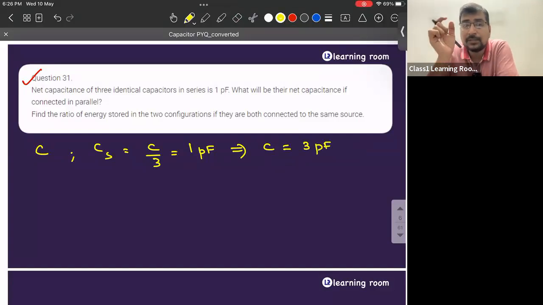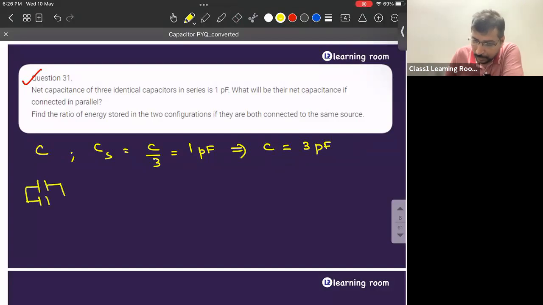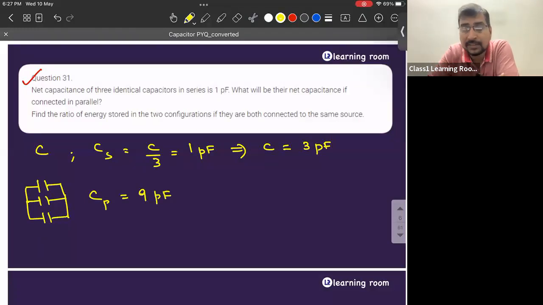So the capacitance of each capacitor is 3 picofarad. Now, when these three identical 3 picofarad capacitors are connected in parallel, what will be the equivalent capacitance? It is going to be 9 picofarad, because in parallel the capacitances get added up.